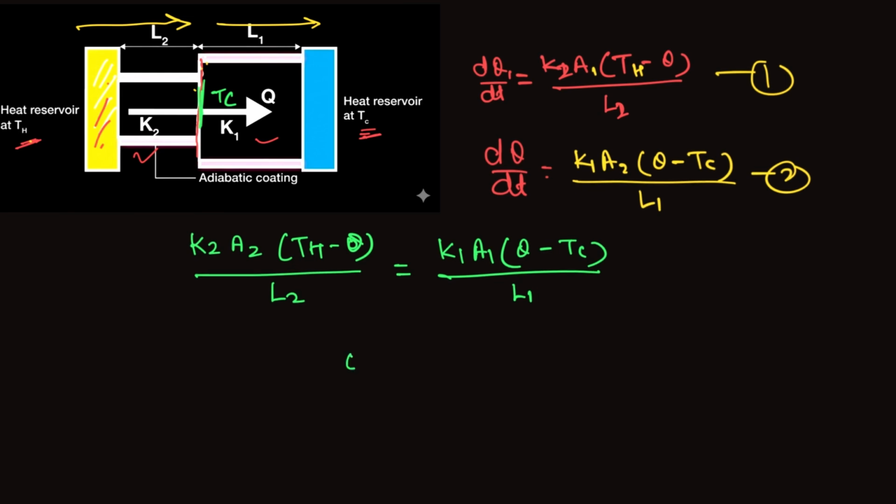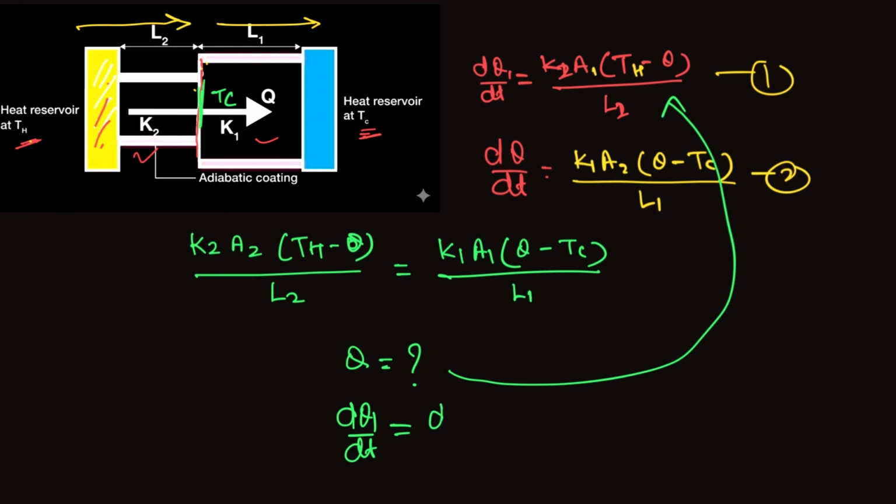If I solve this, I can calculate theta, and after calculating theta, if I put the value of theta over here, I can calculate dQ1/dt. Similarly, we can calculate dQ2/dt, and that will be equal to dQ/dt. So from this numerical, we calculate the interface temperature and how much heat will flow.